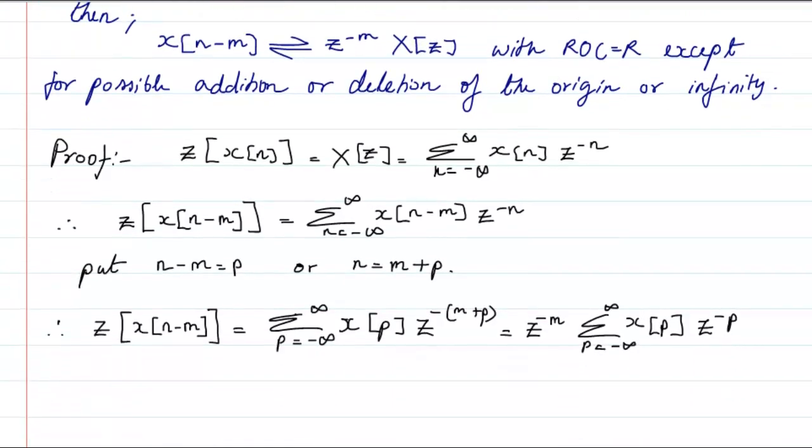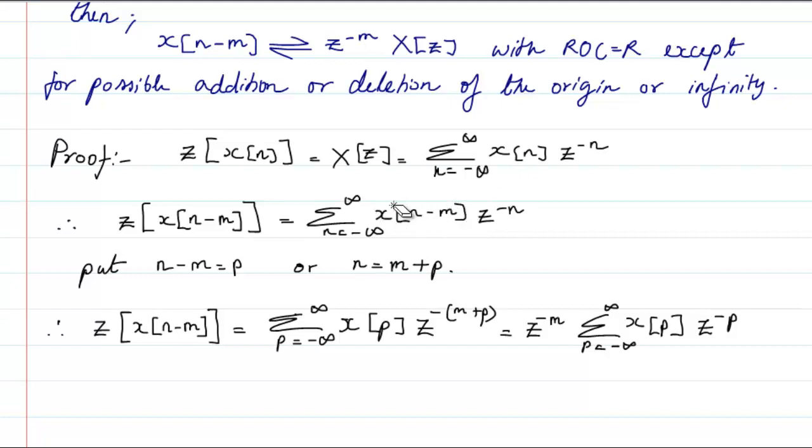Now we know that the proof is very simple. The z transform of x of n is X of z, wherein the formula is the summation from minus infinity to plus infinity of x of n multiplied with z raised to power minus n. Therefore, for the z transform of x of n minus m, all you have to do is, instead of x of n, write x of n minus m.